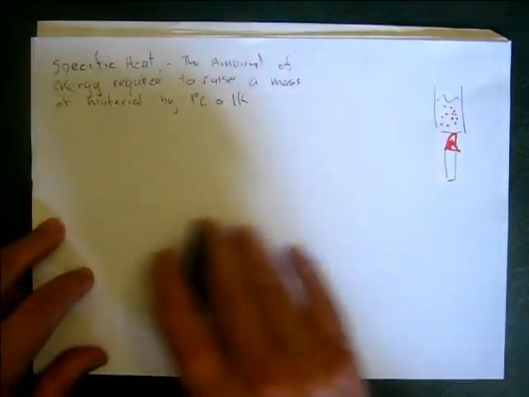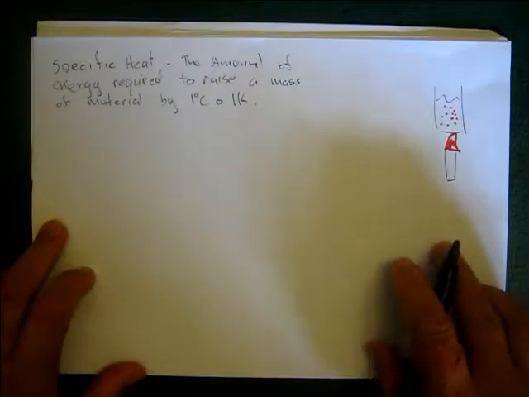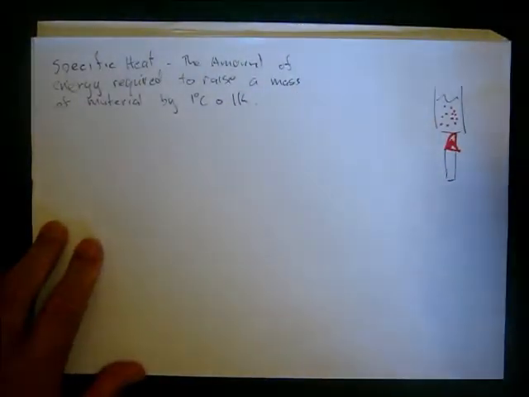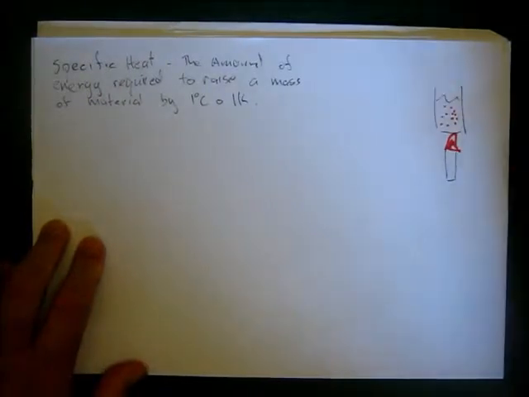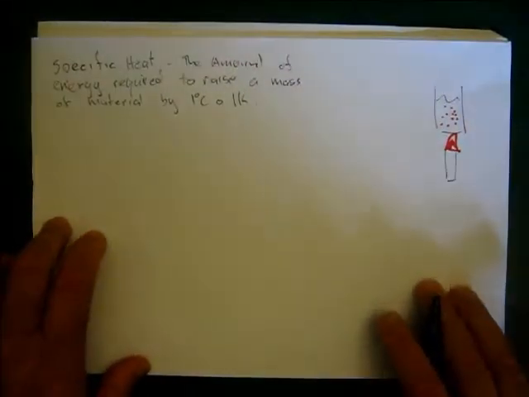And now, every substance is going to have its own specific heat. So water is going to take a different amount of energy to heat than, say, methanol, or say liquid aluminium, if we heat aluminium up.